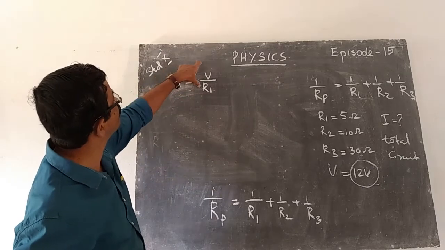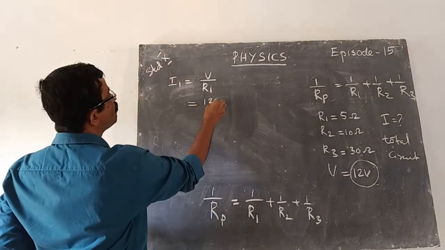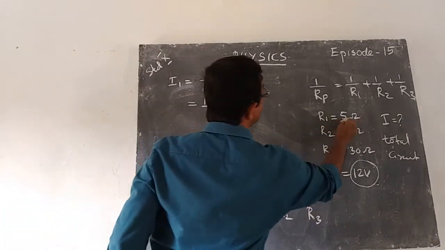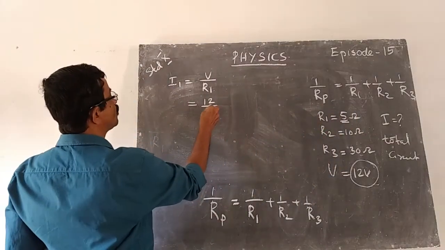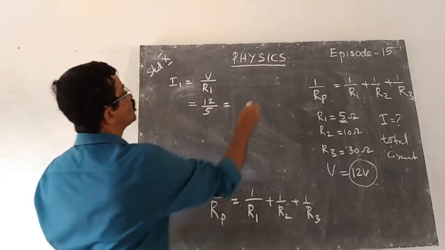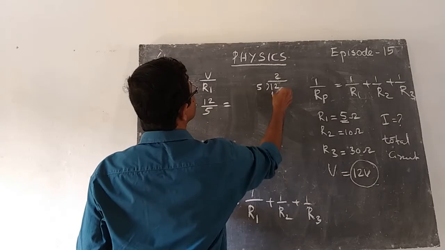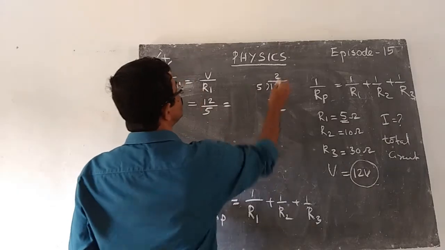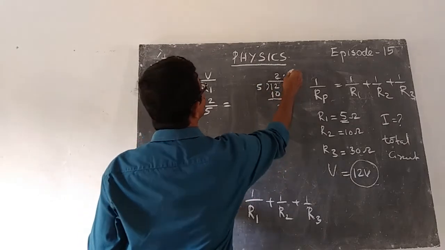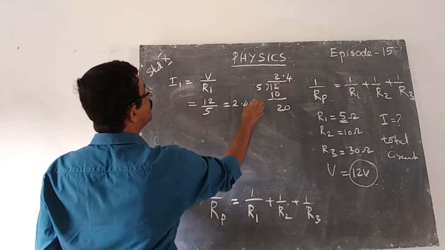So I1 is equal to V by R1, that is 12 by 5. Dividing 12 by 5: 2 times 5 is 10, balance 2. Put a decimal mark, then 0 again, 4 times. So this current is 2.4 ampere.